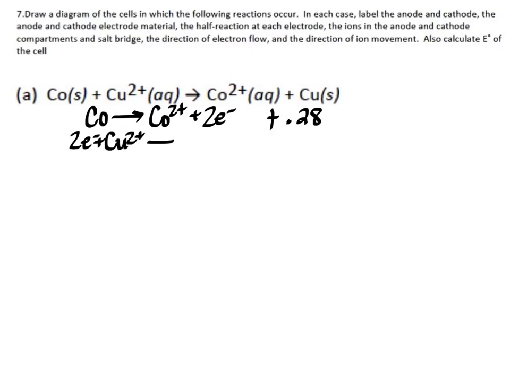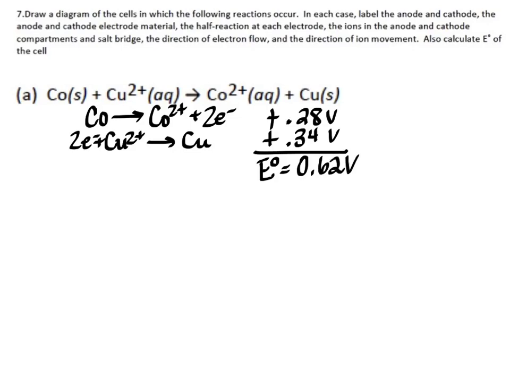Cu 2 plus and Cu, and that one was positive 0.34 volts. So our E naught is 0.62 volts. Once I've gotten E naught, I'm just going to go back and balance our equation. Since we have 2 electrons on each side, we can just go ahead and balance it out.